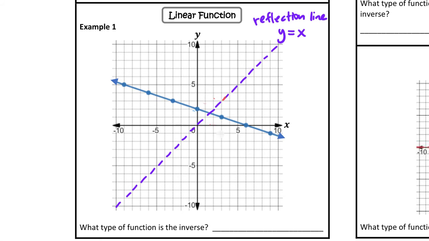So let me erase this again and give you another option here. Let me pick a different color. If I see how far this blue point is from the diagonal, and I go in the opposite direction and reflect across this purple line, I will get a point over here.